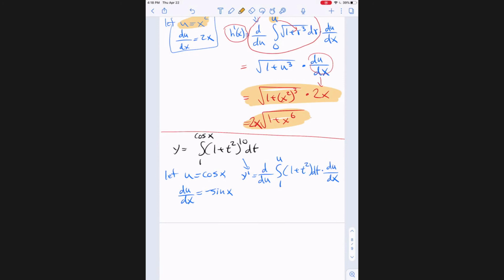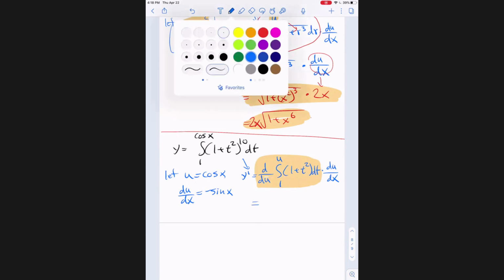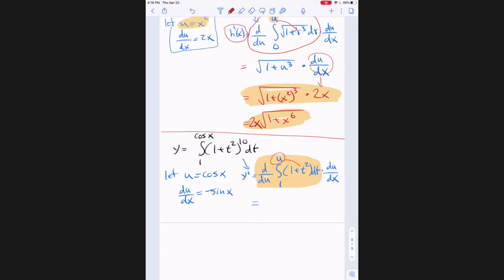So now this part, you just take the u and plug it into there.